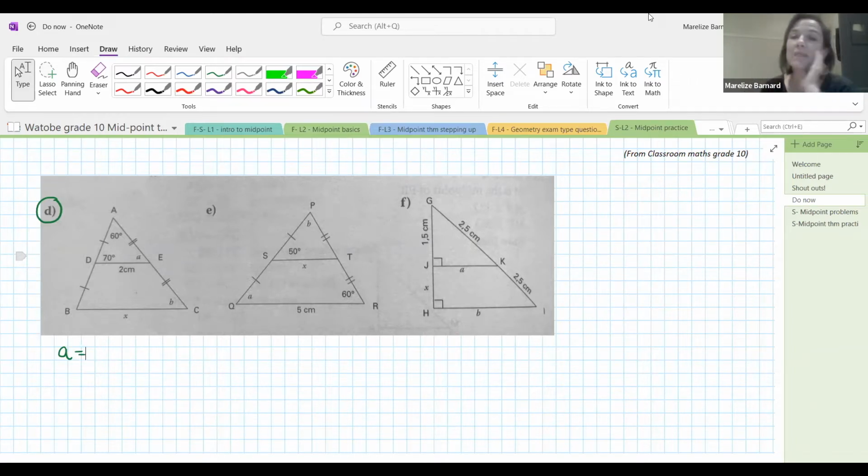This is like a lucky packet. You just draw out reasons and hope it's the right one. Gareth is a newbie and he got it right. Sum of angles in a triangle. You have to put that word, sum of angles in a triangle. So A is equal to 50. Angle sum of triangle or sum of angles in a triangle. Great, let's do the next one.